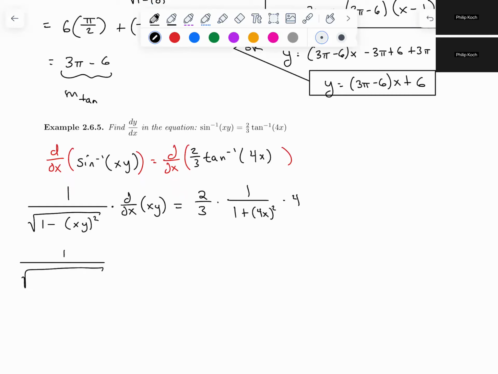I'm going to take care of that exponent, so 1 minus x squared y squared, times f prime g, so 1 times y plus dy/dx times x, f prime g plus g prime f, equals 8 over 3 times 1 plus 16x squared. So on the left, we just use the chain rule to get into derivatives in order to apply the product rule.